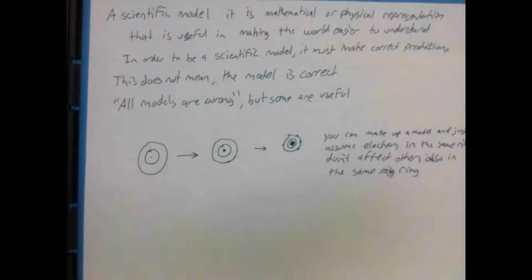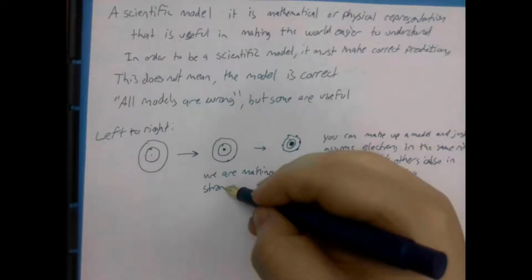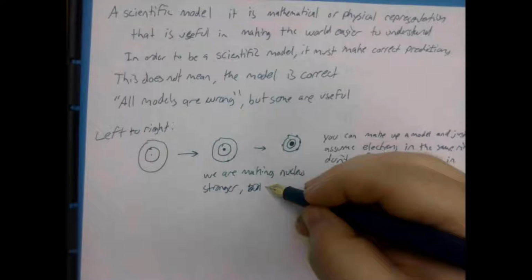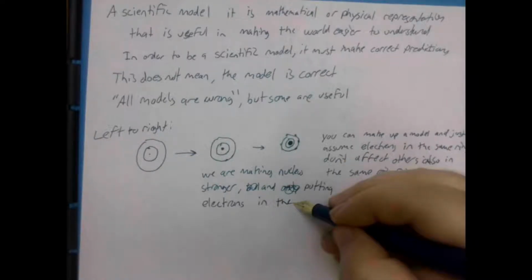So what's going on as we go left to right? We're making the nucleus stronger, and putting electrons in the same ring or orbit.